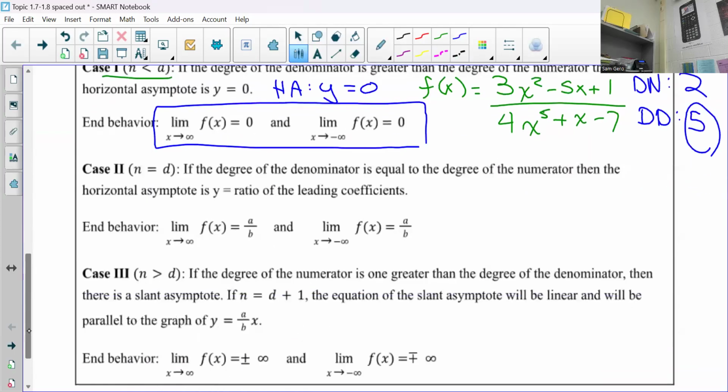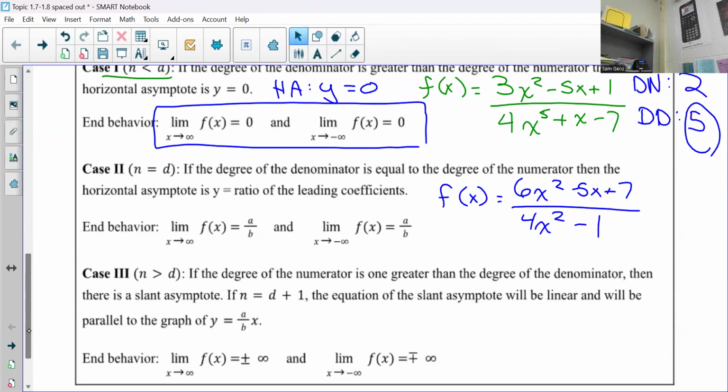Case number 2 says if they are equal to each other. So for example, if f of x equals 6x squared minus 5x plus 7 over 4x squared minus 1. Again, I just care about the degree of the numerator and the denominator.